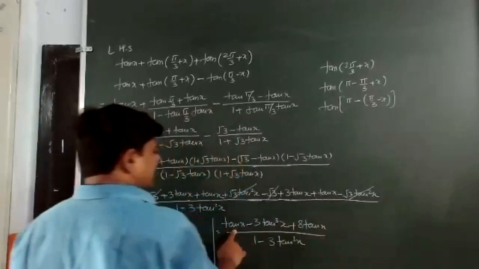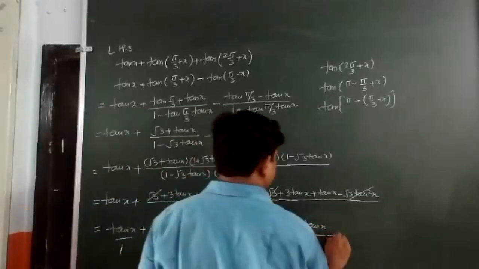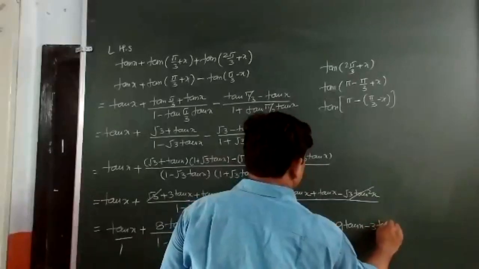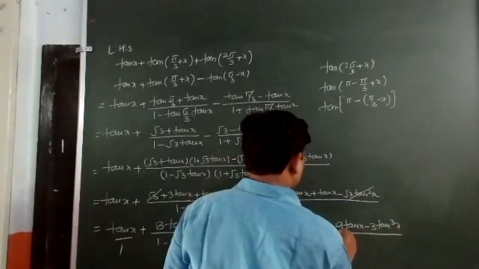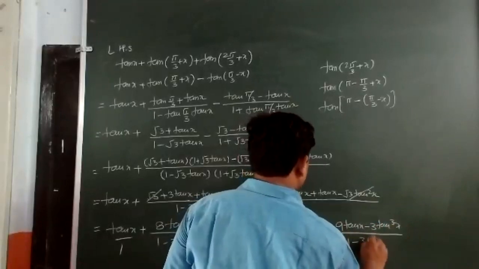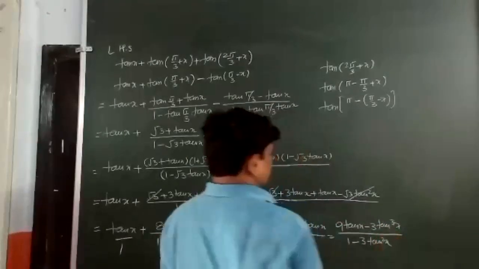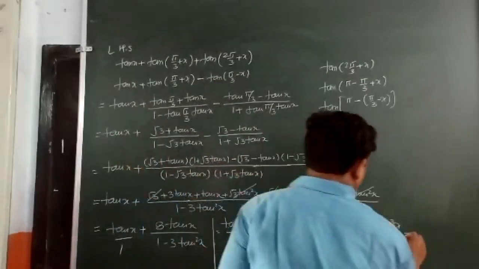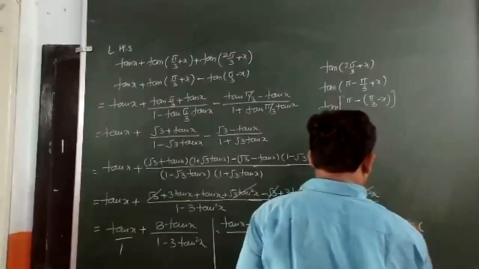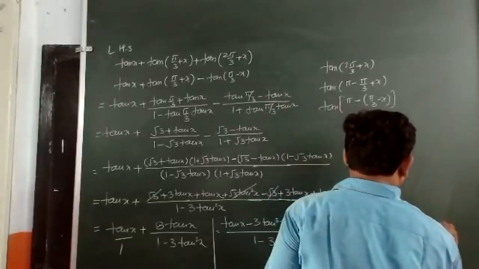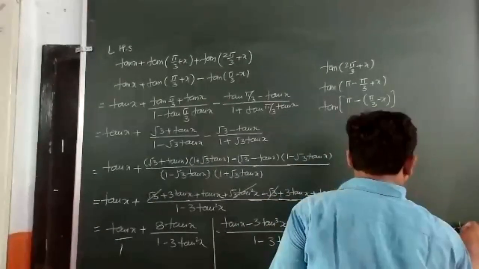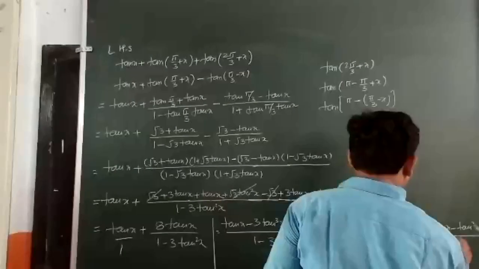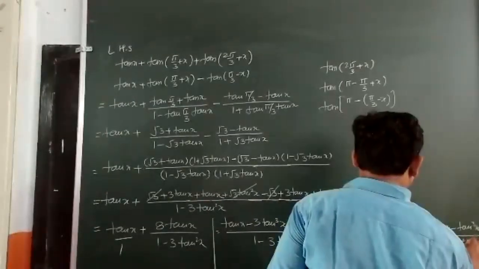When I add 8 plus 1, how much will it be? 9. 9 tan x minus 3 tan cube x whole upon 1 minus 3 tan square x. If I take 3 common from the numerator, inside the bracket I have 3 tan x minus tan cube x whole upon 1 minus 3 tan square x.